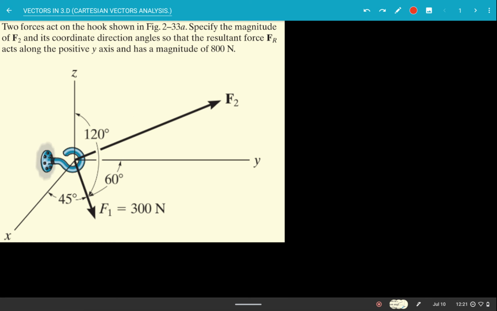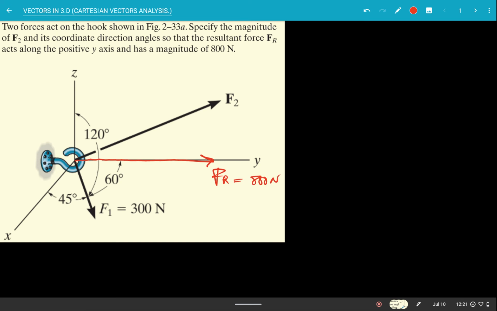We have been told that the magnitude of the resultant is 800 newtons, and the resultant acts along the positive y-axis. Remember, this is the z, so the y is this side. So this is where Fr is acting, and Fr is 800 newtons.